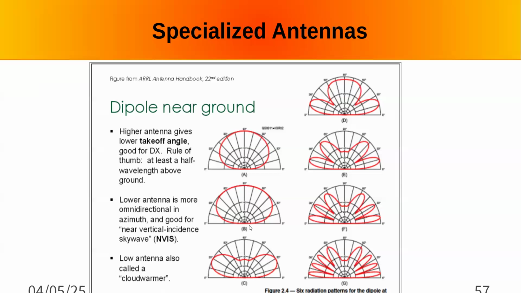Oh, A, okay. A is an eighth wavelength. B is a quarter wavelength. C is a half.